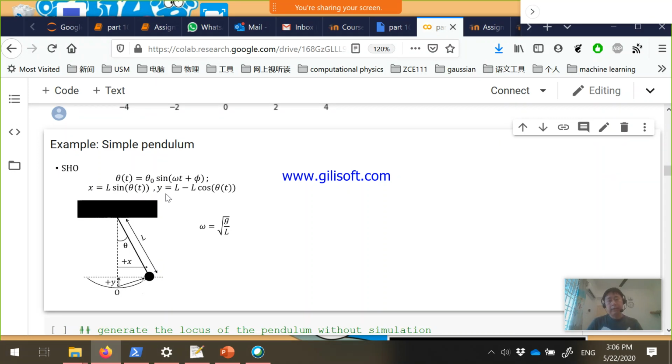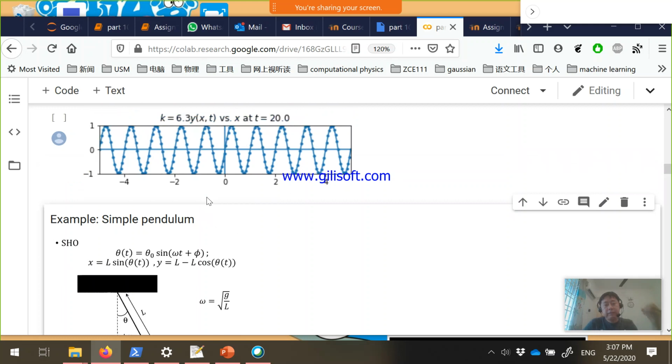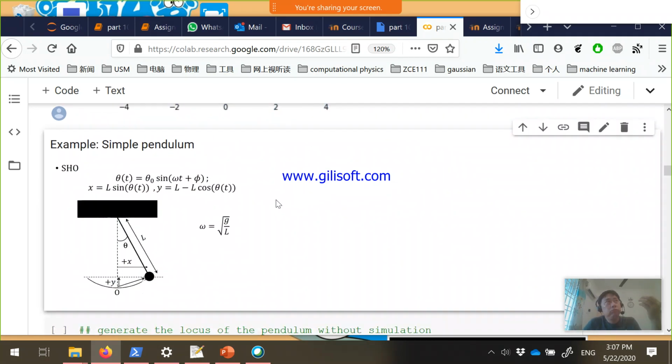So you can easily simulate the locations of x and y at different times. Then you overlap them on the same spot on your screen, and what you get is an animation in the form of a video. So when we say simulation, we are referring to the process of displaying how a physical system changes with time in the form of a video.